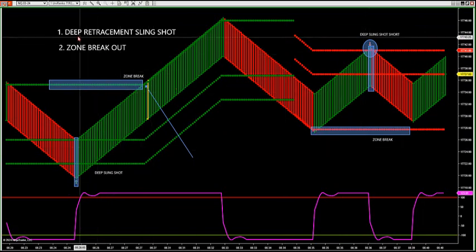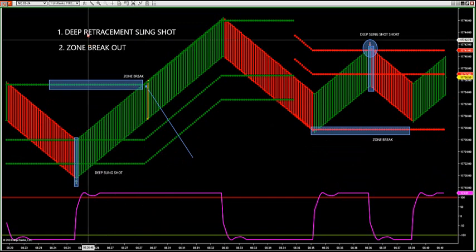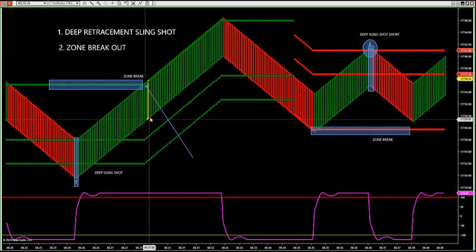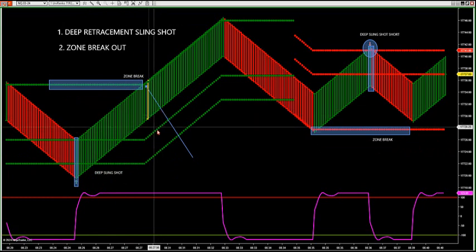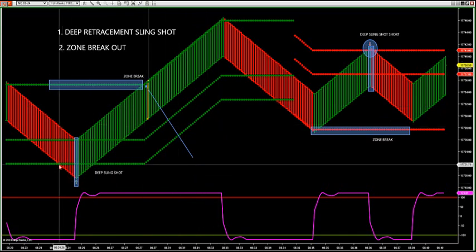So this is what you need to remember. You have a deep retracement slingshot where, if the zone is green, we're looking for a close outside of the zone, not a shallow retracement. So some of these arrows fire before they get to this deep zone. That is not a deep retracement. That's a shallow retracement.